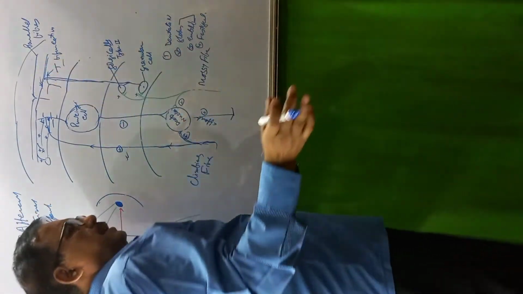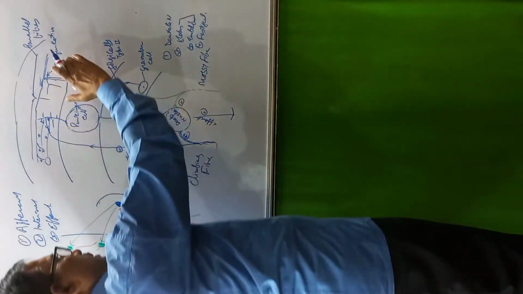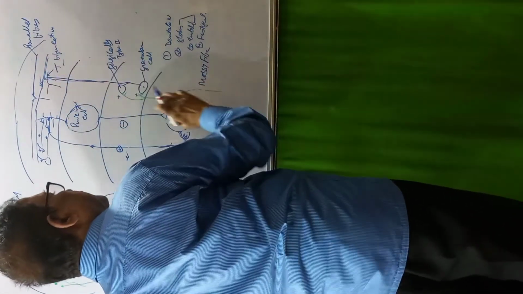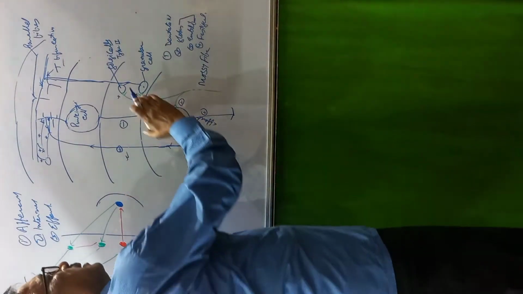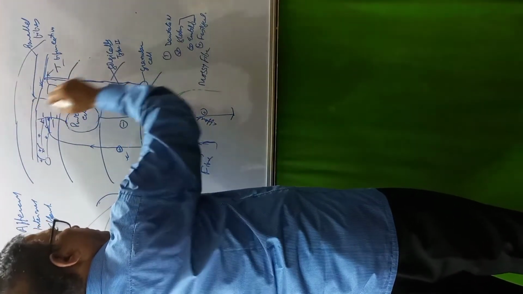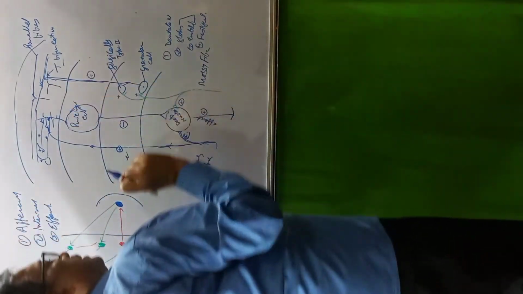They are parallel to the axis of the folia. Parallel fibers are axons of granular cells, and they are excitatory.